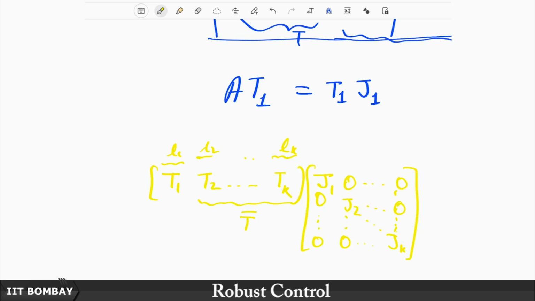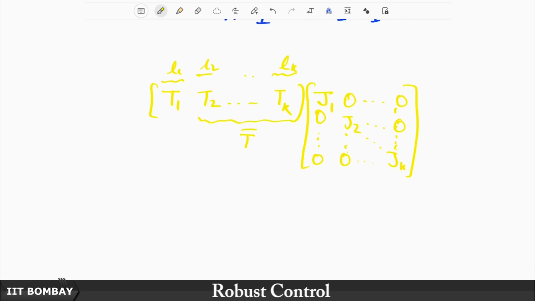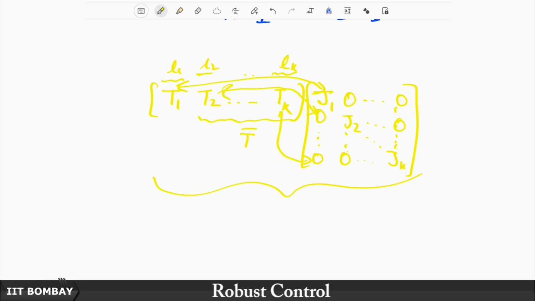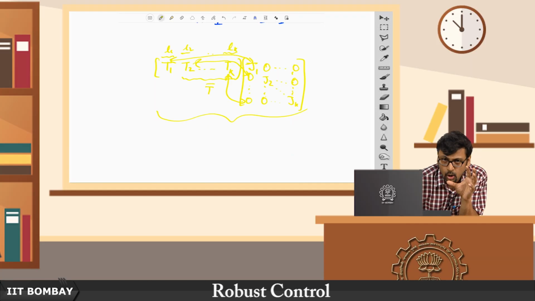Fantastic. So now if I want to find out the first L1 columns of this fellow, what do I get? I just see that this T1 multiplies with this J1, this T2 multiplies with this 0, so on and so forth, till every one of them gets multiplied by 0, a block of zeros.